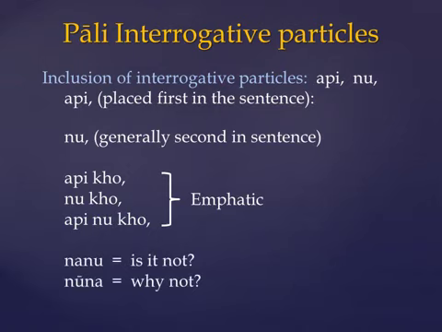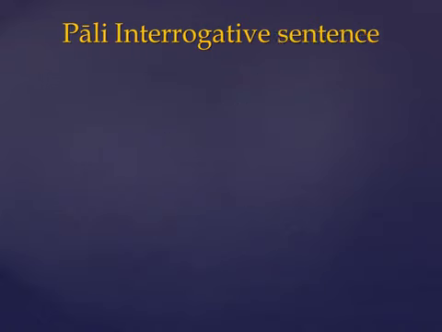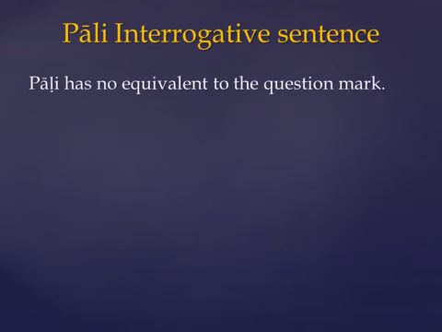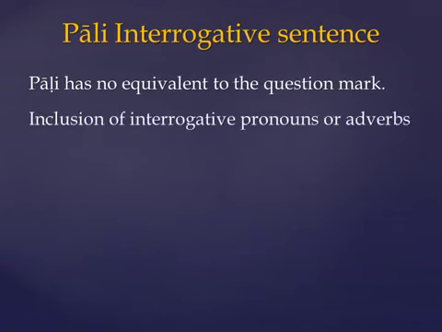So, that brings us to the end of our look at the interrogative sentence in the Pali language. What we've seen is that Pali has no equivalent to the question mark. But we can tell if a sentence is a question if it includes an interrogative word, like a pronoun or an adverb.